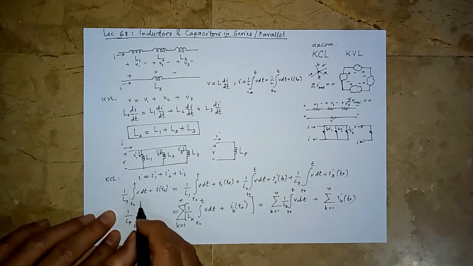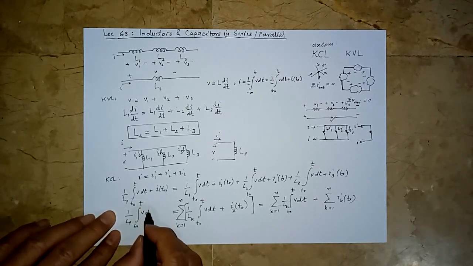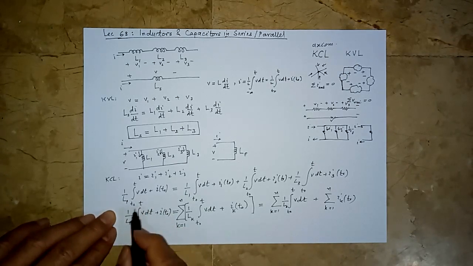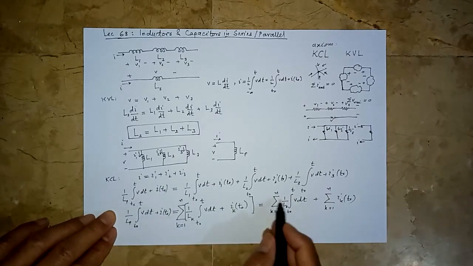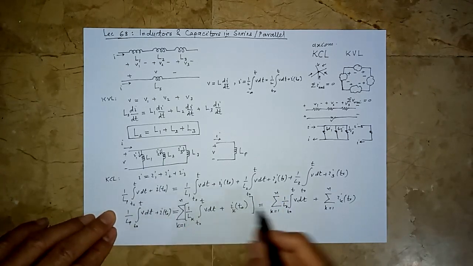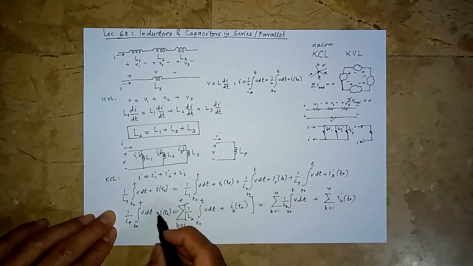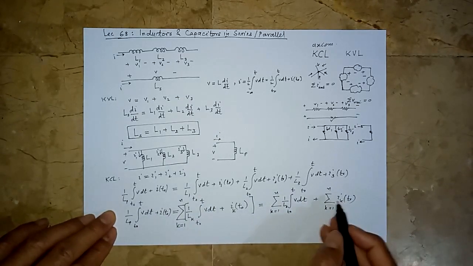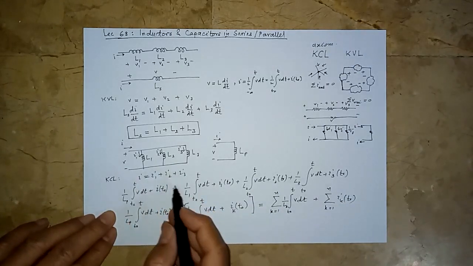Now if we equate both sides, we see that this integral term is equal to the sum of these integrals, and this constant is equal to the sum of these constants, and this sum of constants is nothing but Kirchhoff's KCL at T naught.